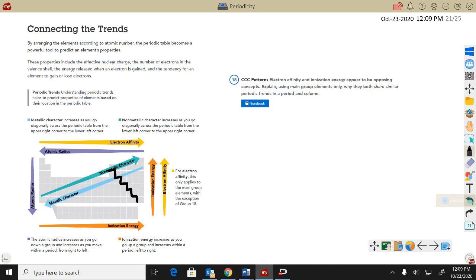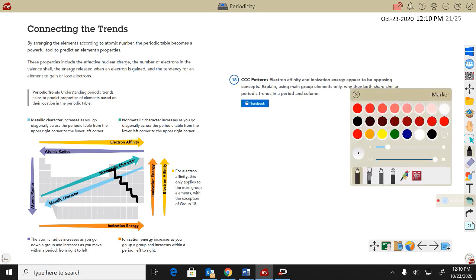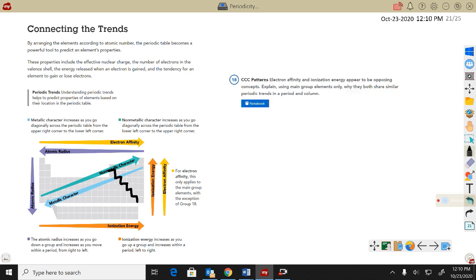The other two they mention in question 18 are electron affinity and ionization energy. Question 18 says that they appear to be opposing concepts, and I would agree with that. They're both energy, so they both represent a type of energy. I'll do electron affinity first. Electron affinity energy is the energy released when an electron is gained.